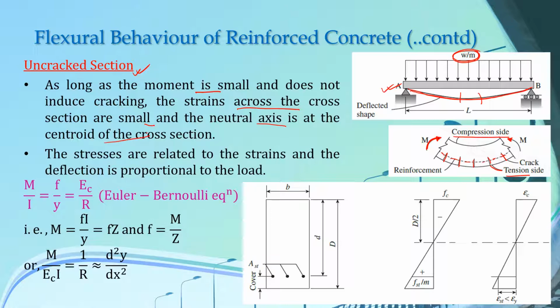If you see the same section of our rectangular beam here, we have 3 reinforcement bars. This b is the width of our beam, capital D is the total depth, and small d is the effective depth. We will discuss effective depth more in our upcoming lectures, but for now, effective depth is the distance from the topmost compression fiber, or the extreme compression fiber, to the centroid of this reinforcement group.